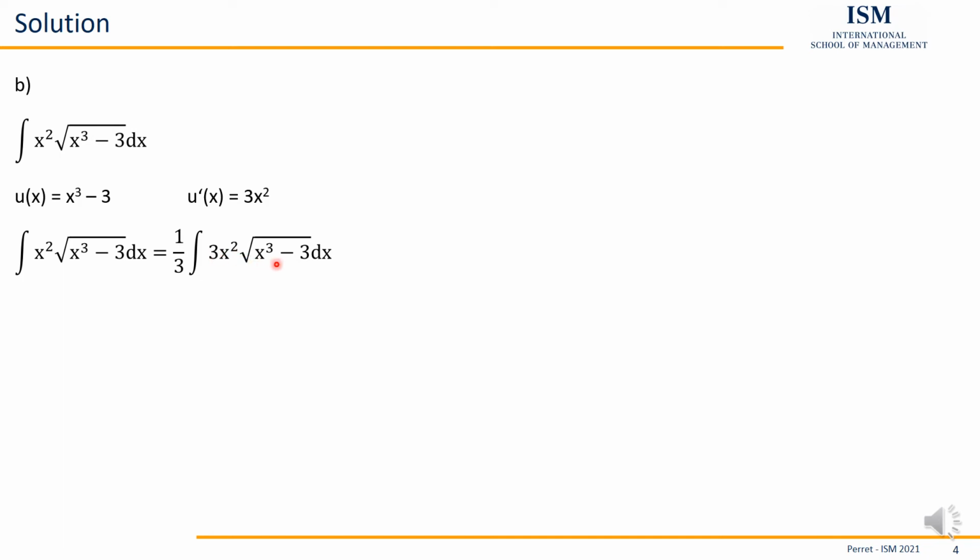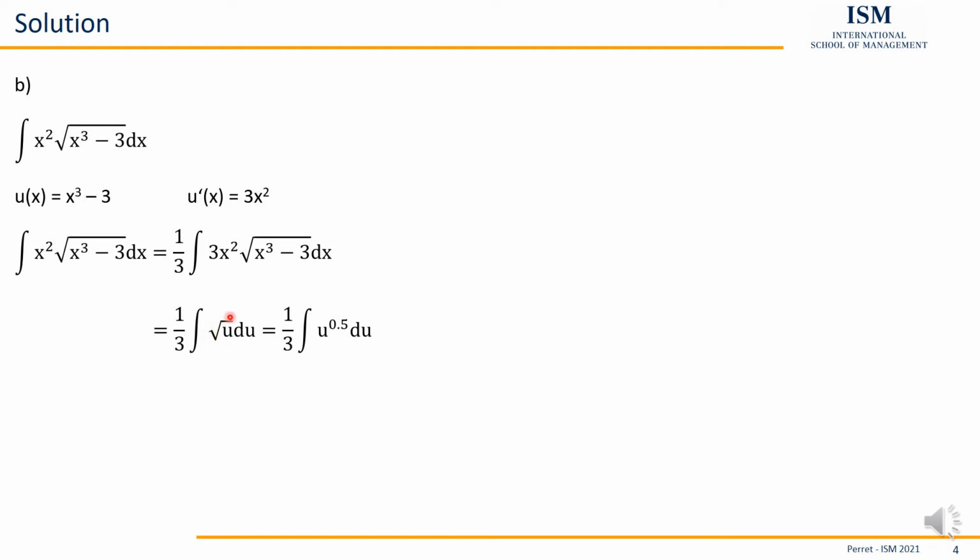Then instead of the x to the power of 3 minus 3, we write u. Instead of dx, we write du, and we divide here by the first derivative of u. Crossing this out, leaving us with this expression. 1/3 integral of square root of u du.